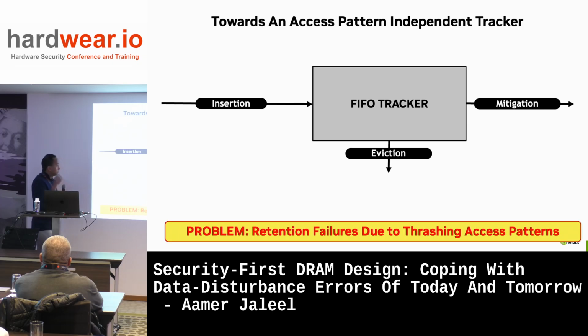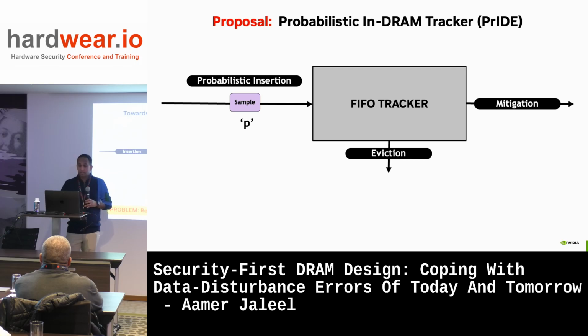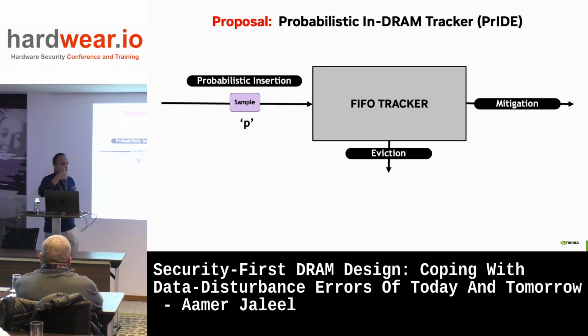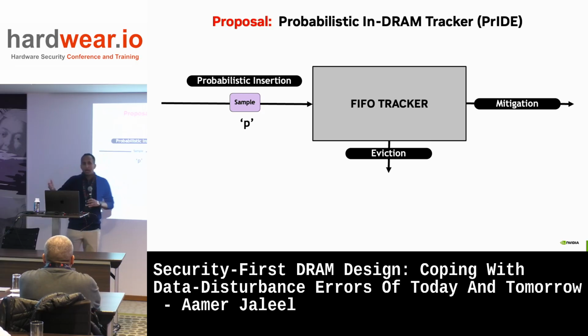So there's a problem, though. With a FIFO tracker, if your access pattern is larger than the tracker size, such as thrashing access patterns like Trespass, you will start getting retention failures, right? So how can we address this? It's well known in the caching industry that if you're going to be thrashing, probabilistically insert some of the addresses in there so you get some of them to fit rather than none, right?